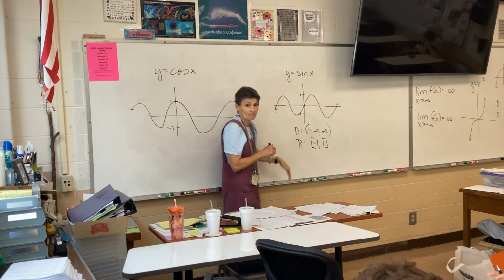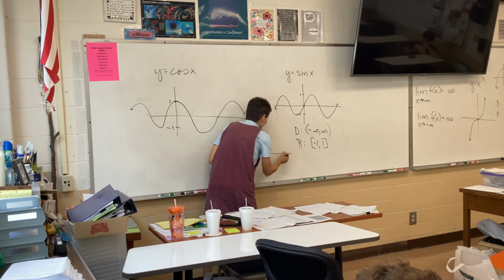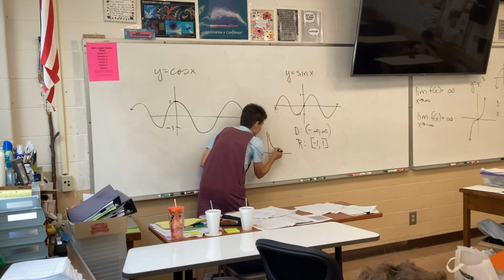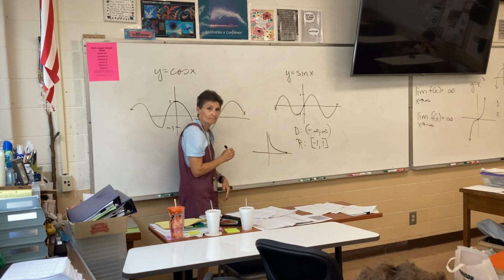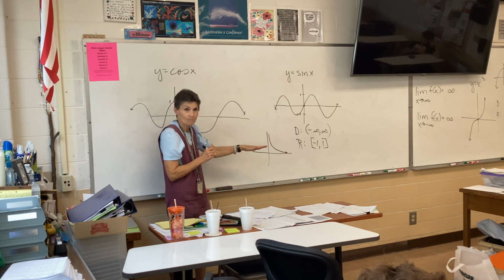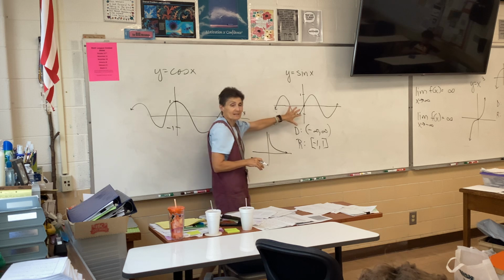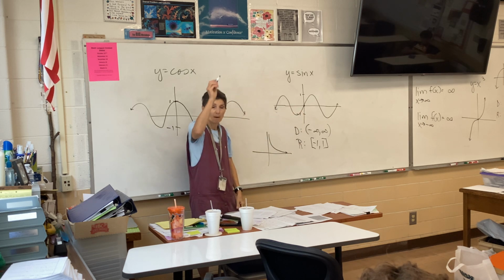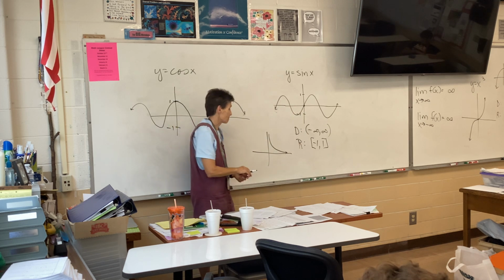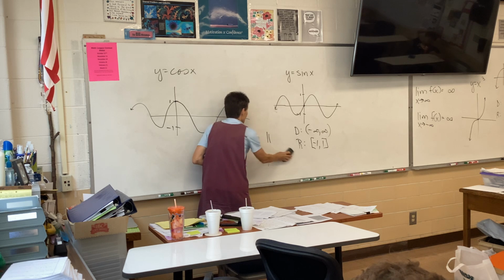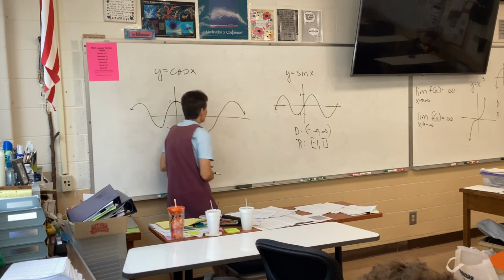But those aren't asymptotes because when you have an asymptote, you approach it. That's what an asymptote means. The farther you go, the closer you get. That's not what's happening here. It's like going up and bumping and coming back down. No asymptotes. The sine and cosine.